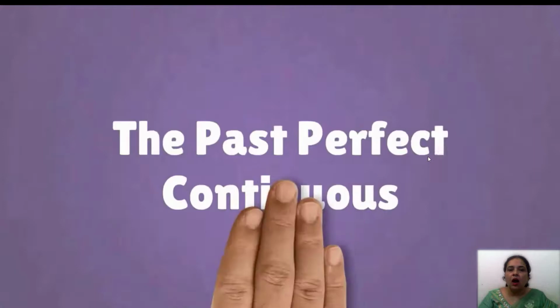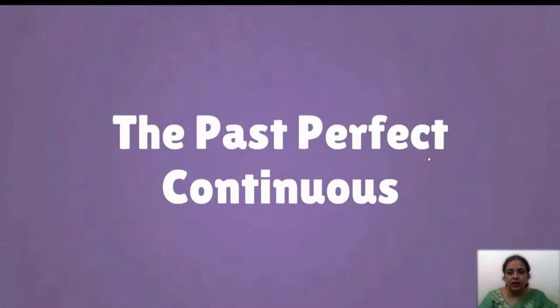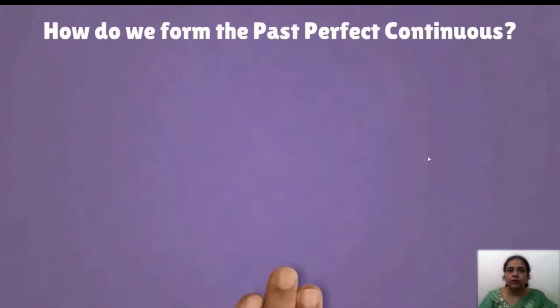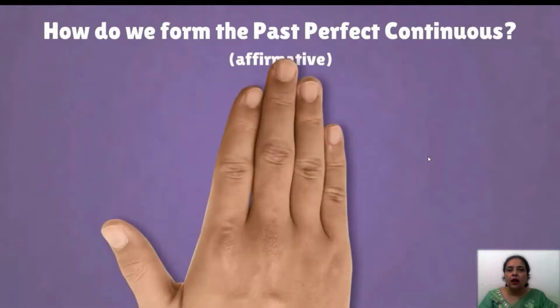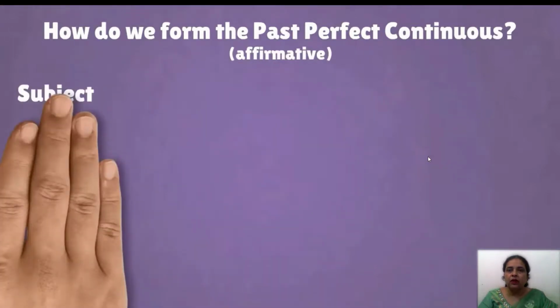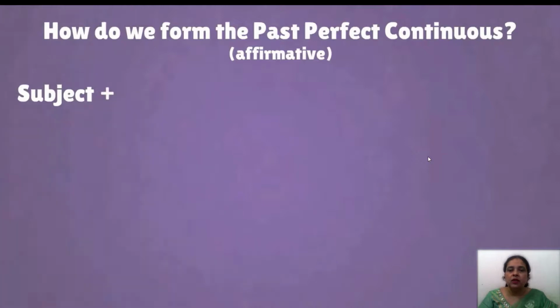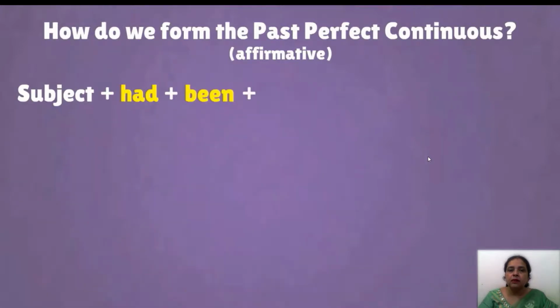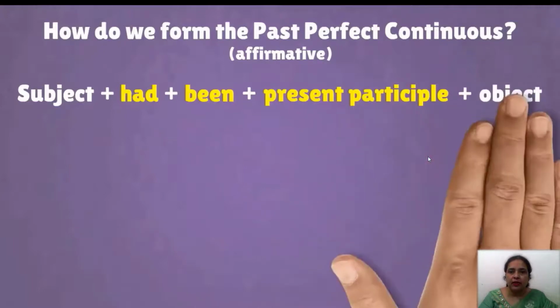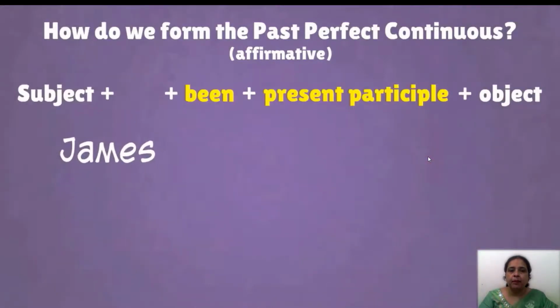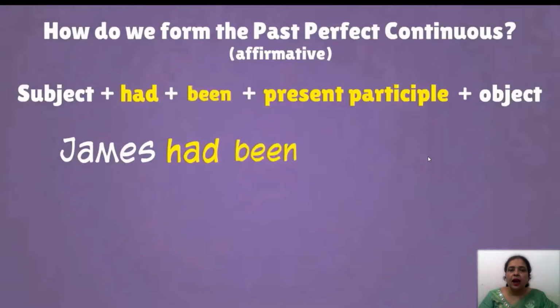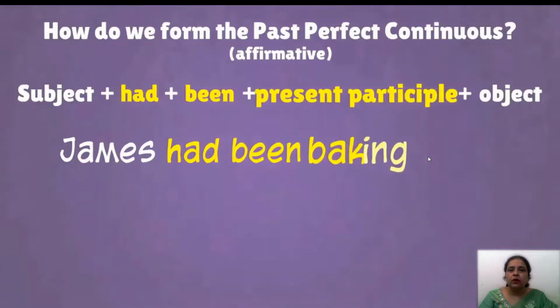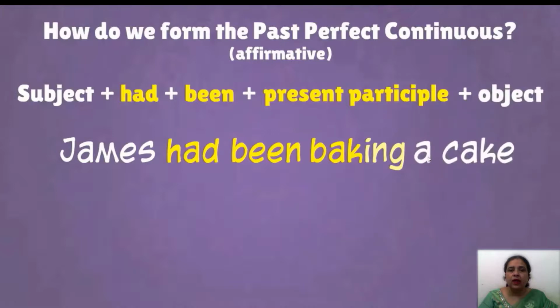Now let's see how past perfect continuous tense is formed. In an affirmative sentence, past perfect continuous is formed by using the formula subject plus had plus been plus present participle form of verb plus object. For example, James had been baking a cake.